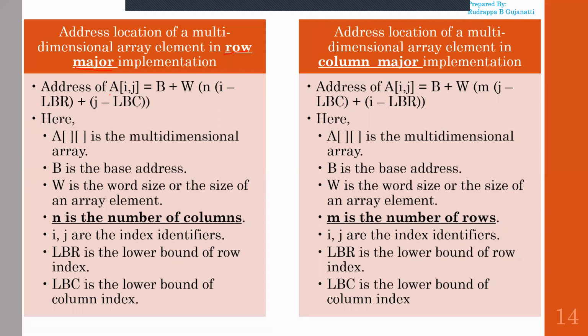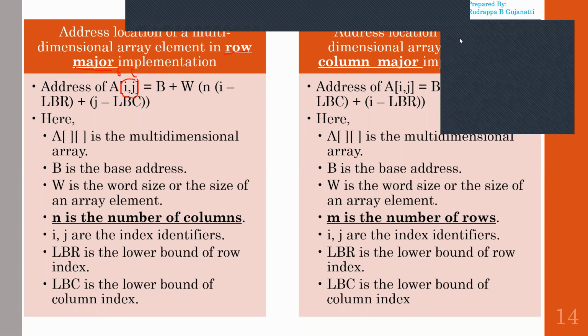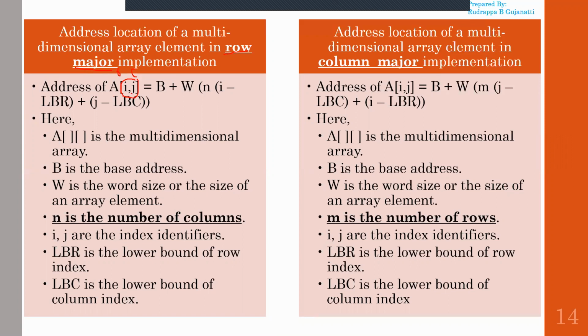So now I want to identify the address of the element present at i comma j, that is, at row i and column j. So we try to identify the address of this element.